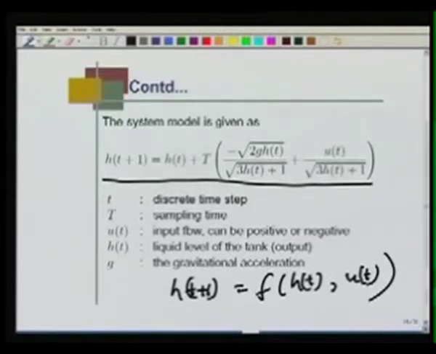So, obviously this ht I take from the system, because at instant t I am able to measure the liquid level in the source tank.